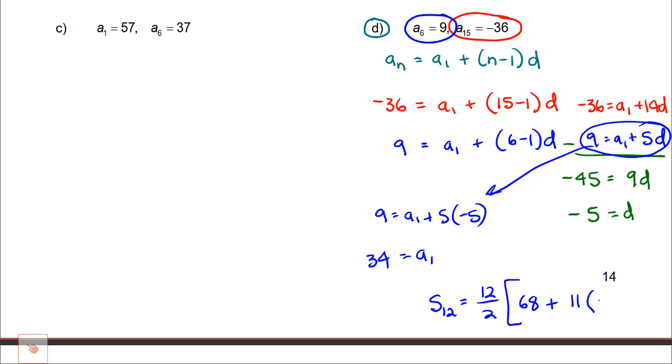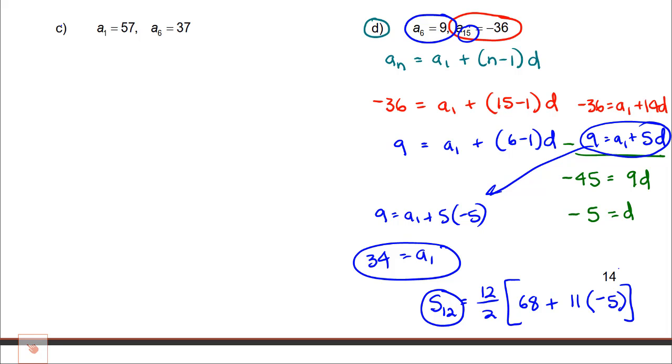And how long is each step? Negative 5. That's the d I found. And that'll be the sum of all the terms, starting with the first term up to the 12th term. Notice this went to the 15th term. I just used it to get the information.